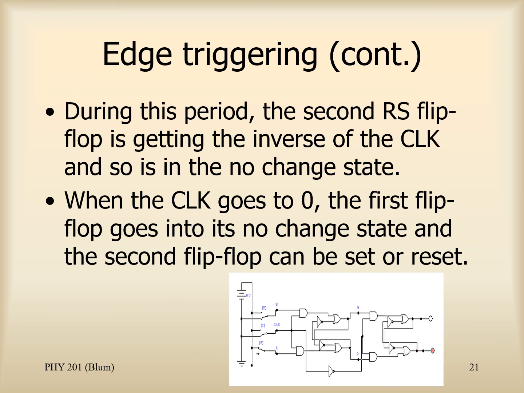When the clock is high, the first RS flip-flop can be set or reset, but the second RS flip-flop is getting the inverse of the clock, and so it is in the no change state. It is only when the clock goes to 0, and the first flip-flop goes into its no change state, that the second flip-flop can be set or reset.